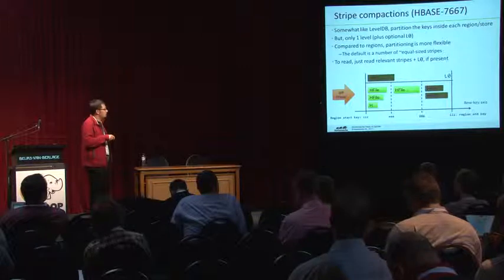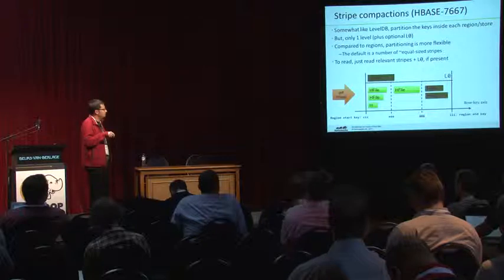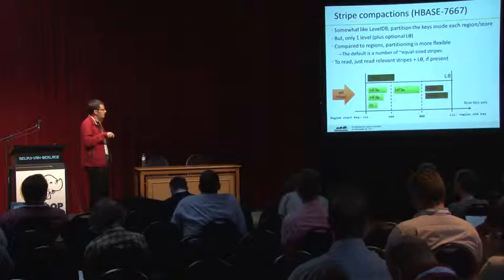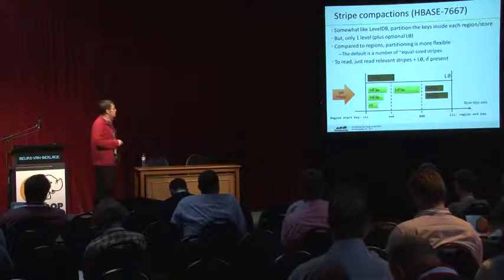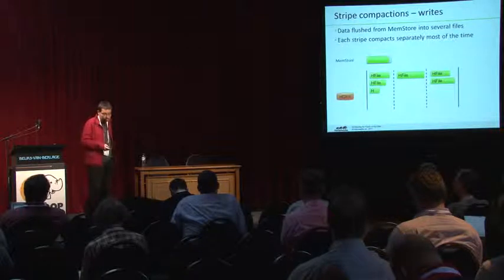We have to consult these files because they cover the whole range, but we don't have to go through these other files to find our key, because we know that they cannot contain the key if we are asking for a key in this area, for example, right? So basically, this is the main idea for stripe compaction.